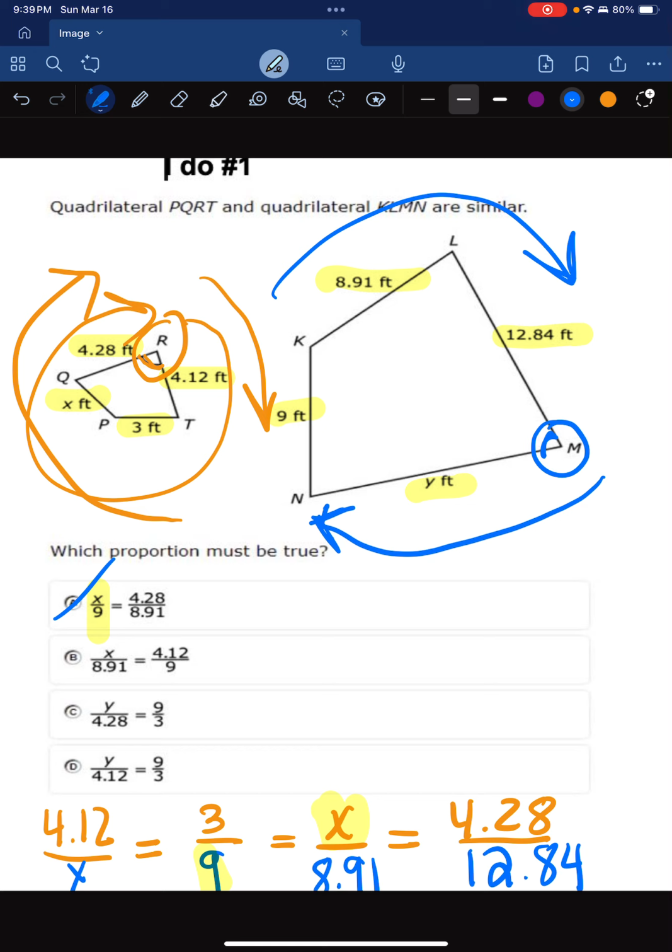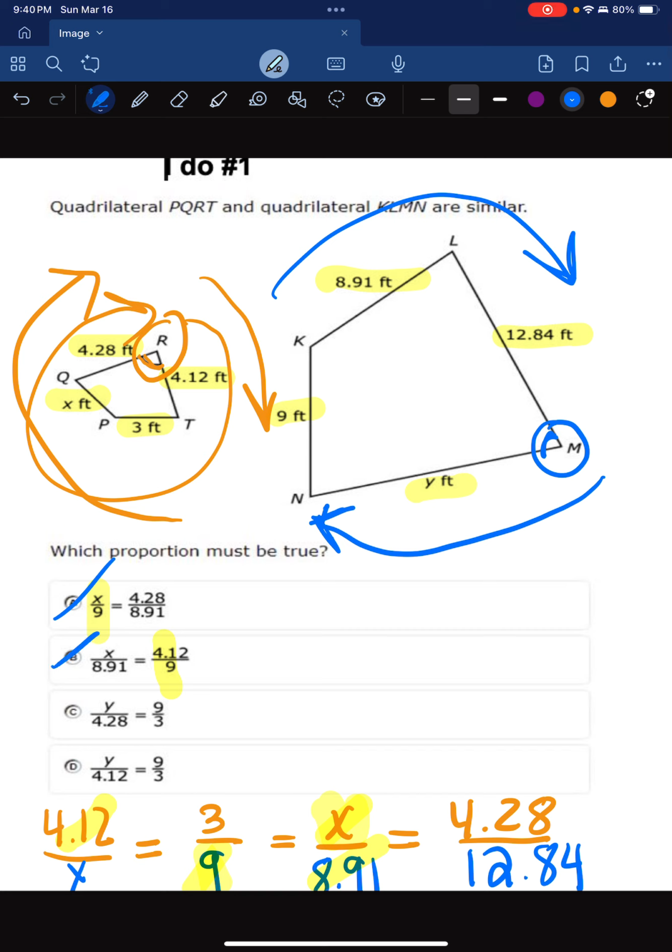And then B tells us that we have x over 8.91, which we do, but on the other side we have 4.12 over 9. And if you notice here, those two numbers are not in the same proportion. So that tells us that B is not correct.